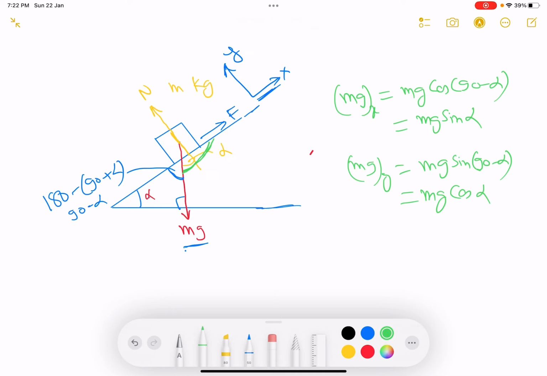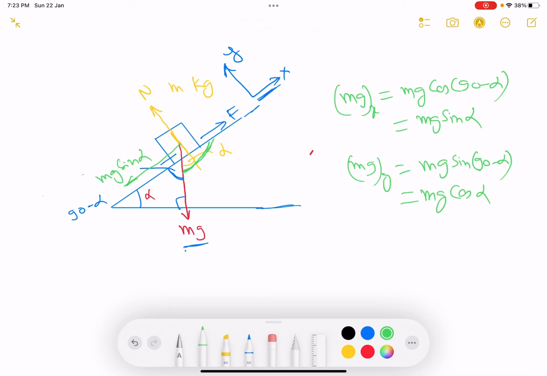For example, mgx, which we have said is mg sine alpha, is towards left, right? And so you'll take negative when you write the equation.